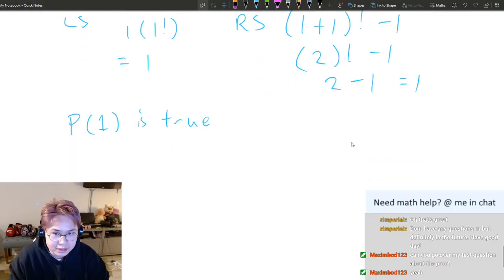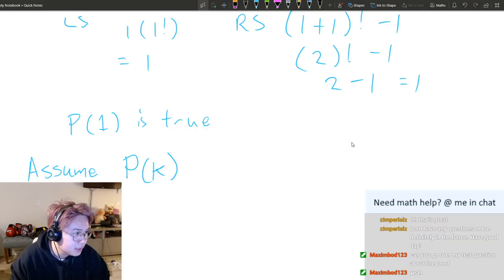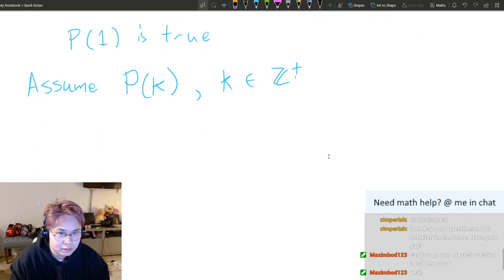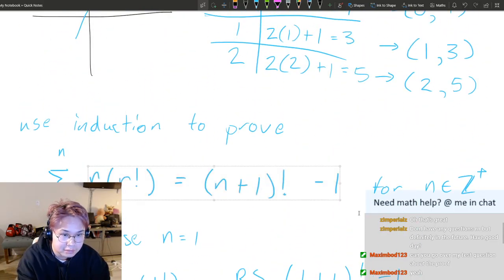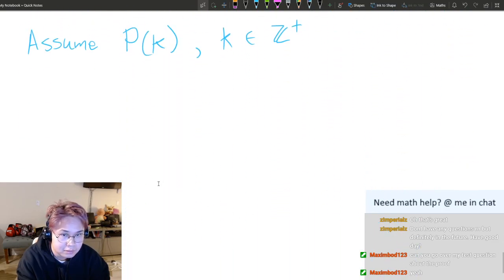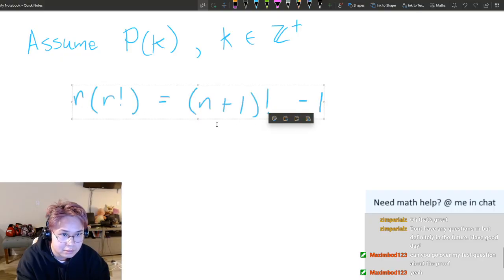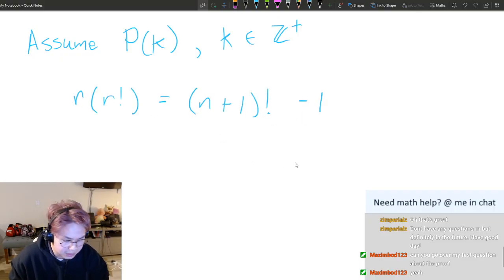Okay, then we assume that this statement is true up to some arbitrary k value. So in other words, this thing is true, with a little bit of modifications, of course.